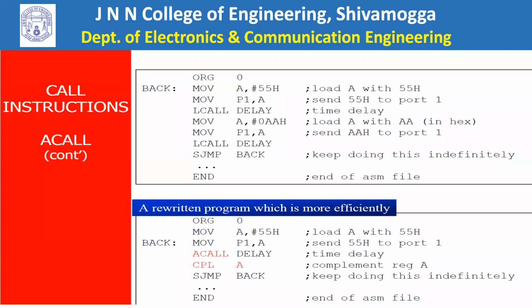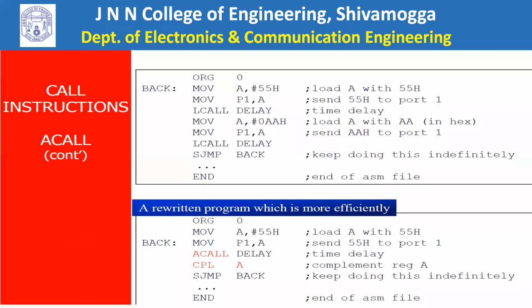That is one change. The second change is MOV A, #0AAH. What is AA? If you just observe, AA is the complement of 55.